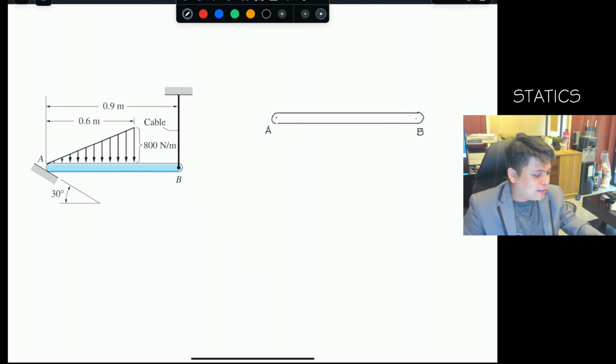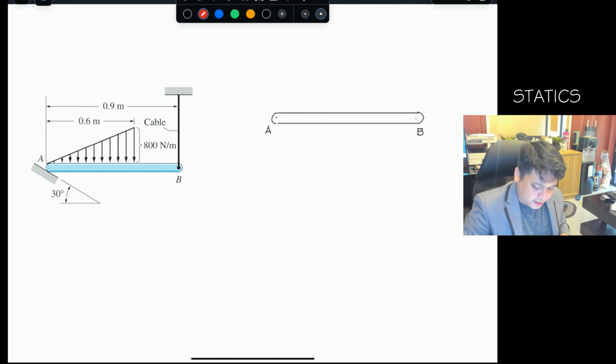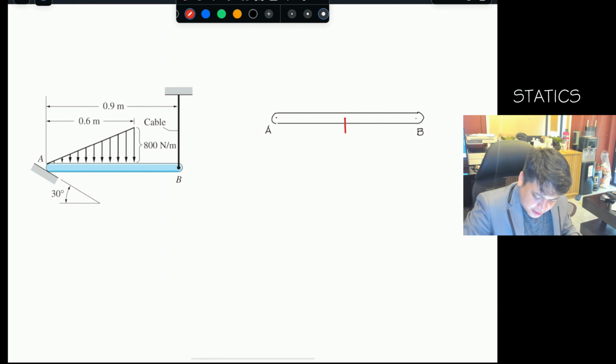So sabi, again, meron kang 30 kilograms ng weight. So 30 times by 9.81, 294.3. Okay? So external loads natin, ilalagay ko gitnang-gitna. So again, meron ka dong 294.3 Newton.